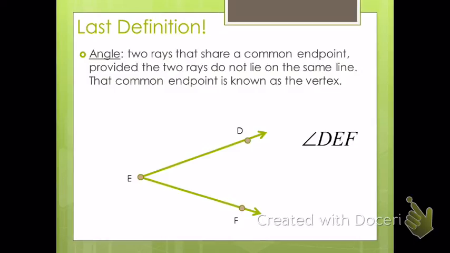If you were going to take your pencil and you start at D on the picture, and as you read it, you trace it. So DEF is the angle. Notice that E is the vertex.